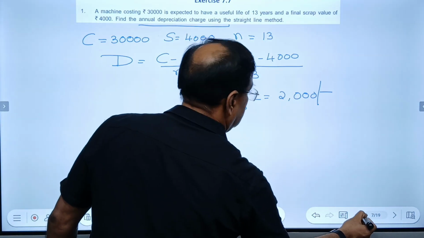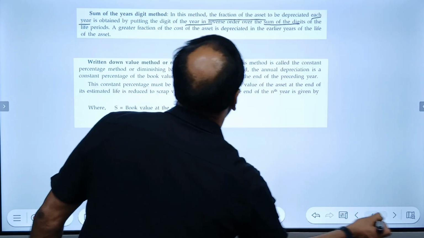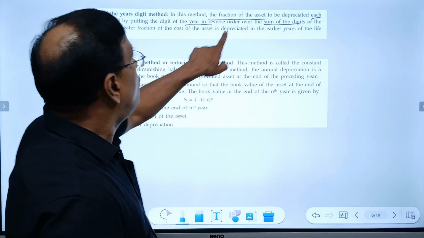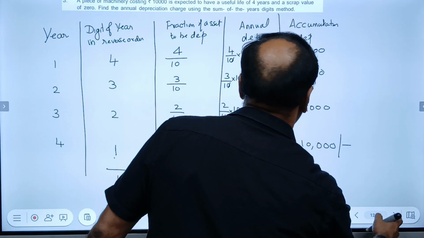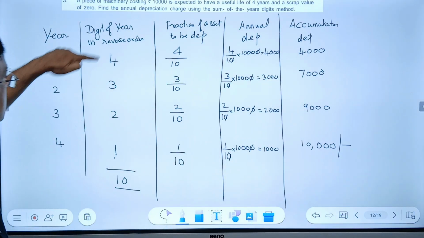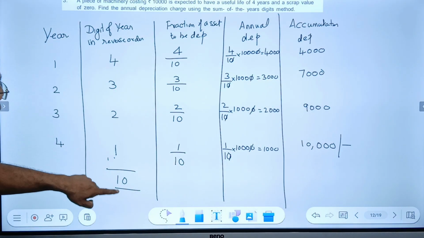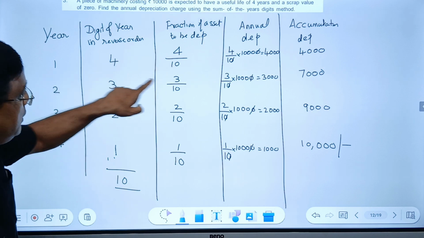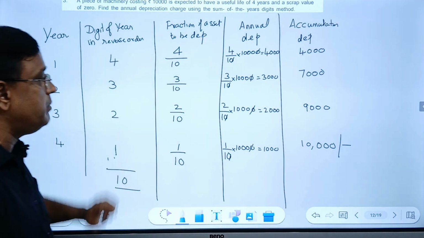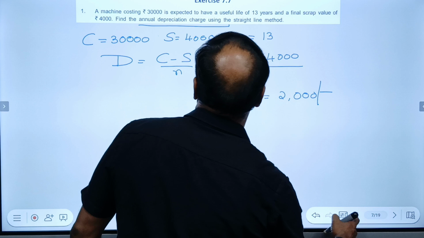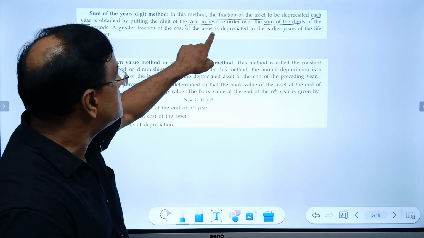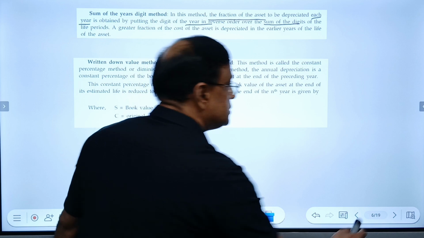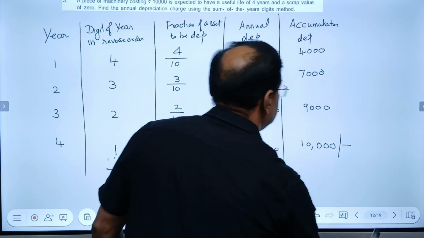And not only that, after that, what do we do? Reverse order, over the sum of the digits. What do you mean by over the sum of the digits? Once I put it in reverse order, the sum of the digits is 10. So 4 by 10, 3 by 10, 2 by 10, 1 by 10. A greater fraction of the cost of the asset is depreciated in the early years. See this, what happens?